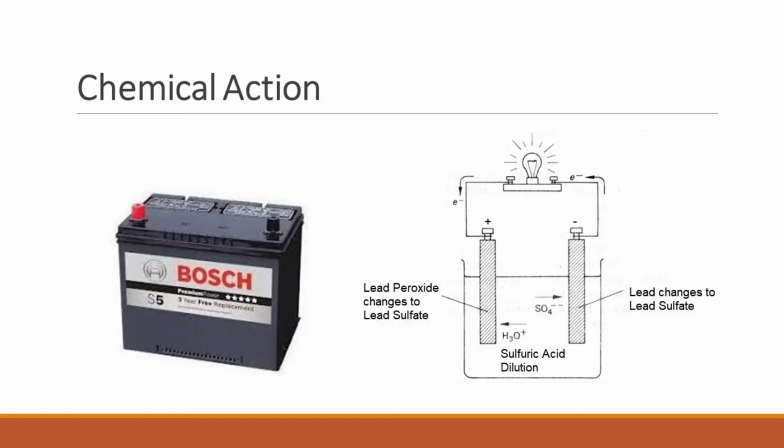We may have electricity manifest by chemical reactions, as happens in car batteries. Inside the battery, a lot of chemical reactions take place that cause one terminal of the battery to lose electrons and the other terminal to gain electrons.